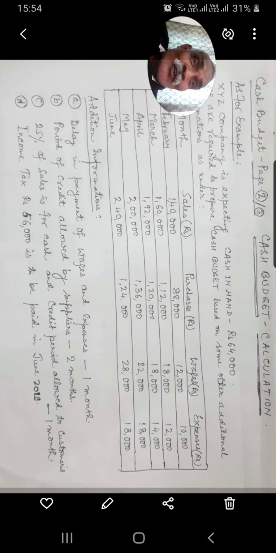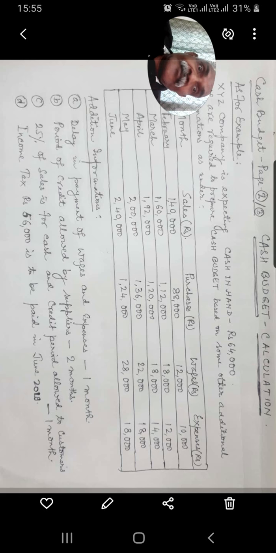So if I take into consideration the cash payment, then the salary payment of January, when will you pay? You will pay in the month of February. Then in the month of January, you will pay the salary of December. Is that clear?